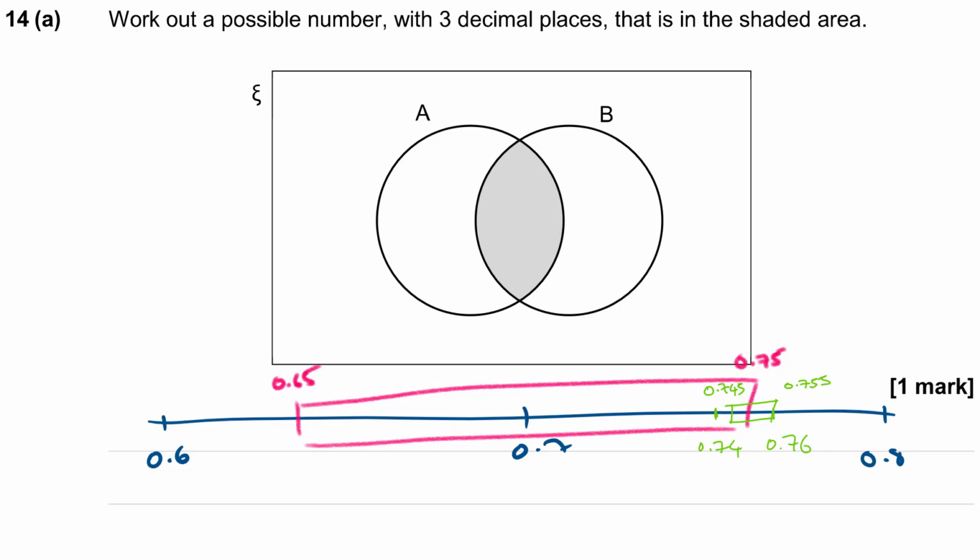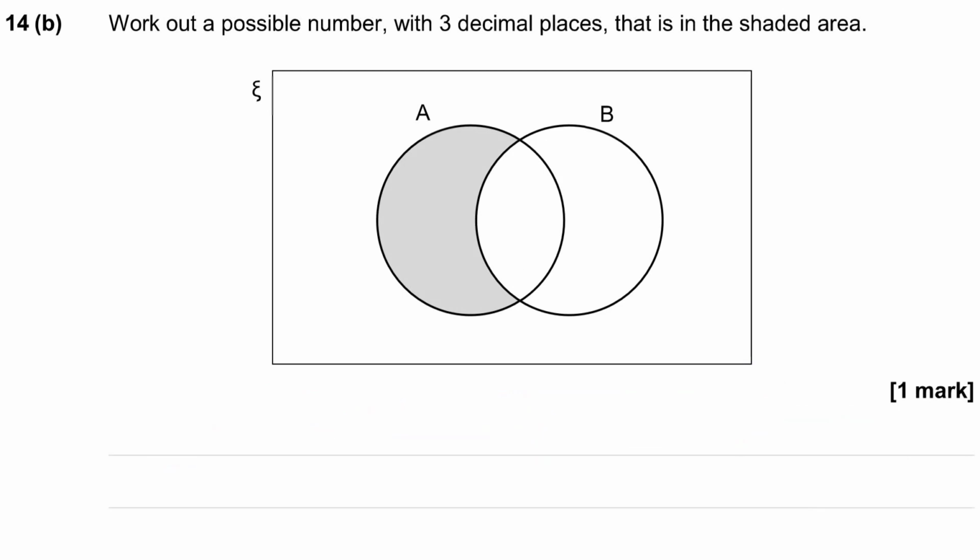So then the numbers we're looking for are going to be the ones in between the two. I'm not really drawing a very good diagram of that, but the numbers between 0.75 and 0.745. So if I just pick any decimal number between those two, for instance 0.746, then that one would be fine.